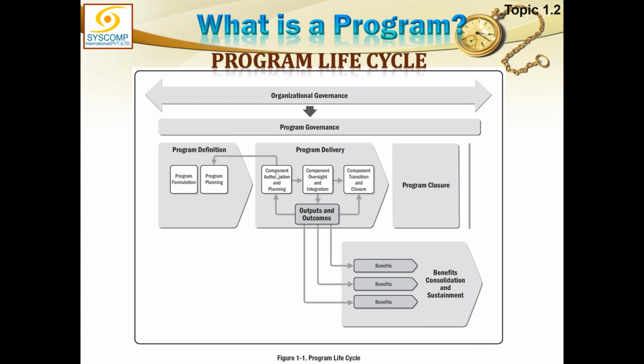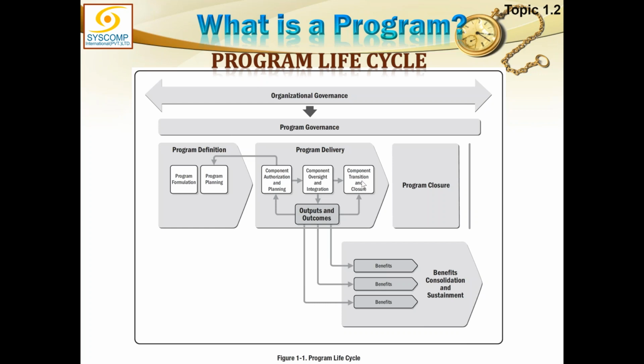So they are chartered in the program delivery when and where they have to, and then we have an oversight and integration element there, and ultimately they are transitioned and closed.